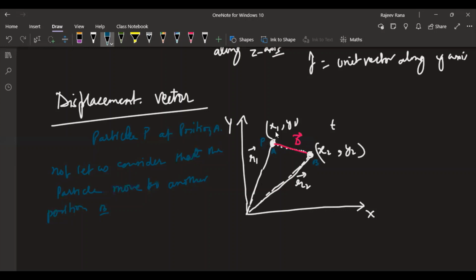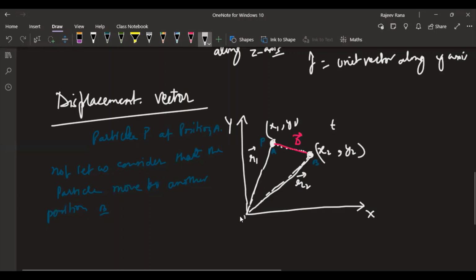Here it was x1, y1, here it will be x2, y2. The position vector at point A was R1 and the position vector at B will be R2, where the cursor is moving. Are you getting it?